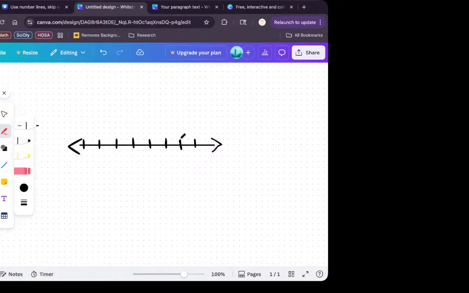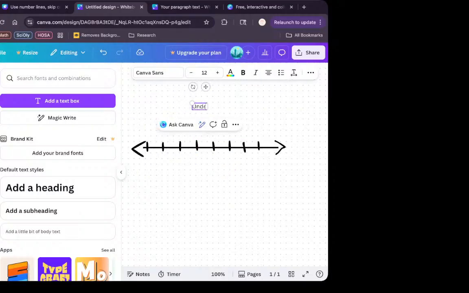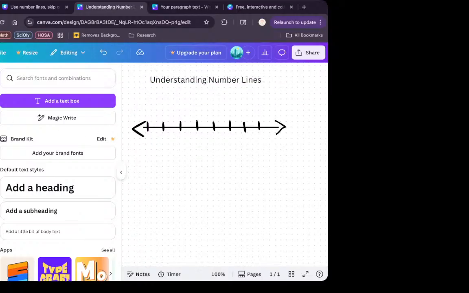I want you guys to write in your notebooks, label this as understanding number lines, okay? That way you can go back to this page for reference in case you need extra help. Right over here, okay? So let's begin.